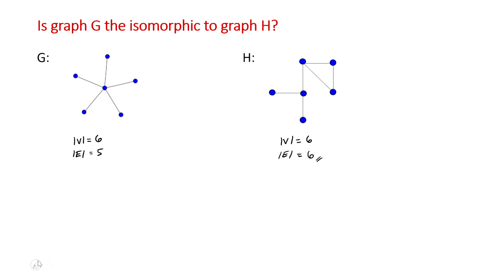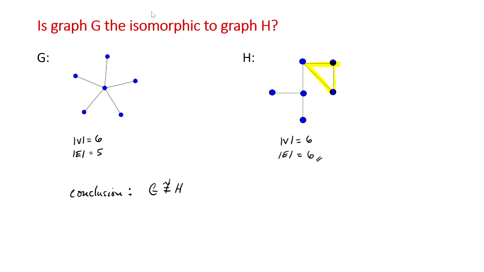You've got right here a little length 3 cycle in that second graph H, and there's no cycle whatsoever in your first graph G. So notice that tells you a second way that structurally these two graphs are different. So here our conclusion is the two graphs are not isomorphic, or structurally they are different graphs.